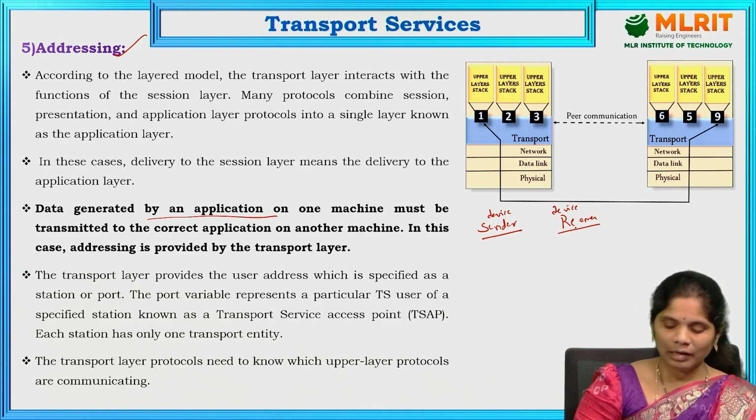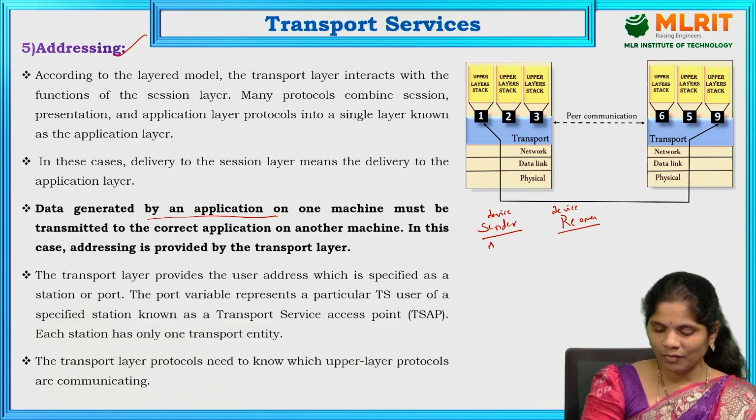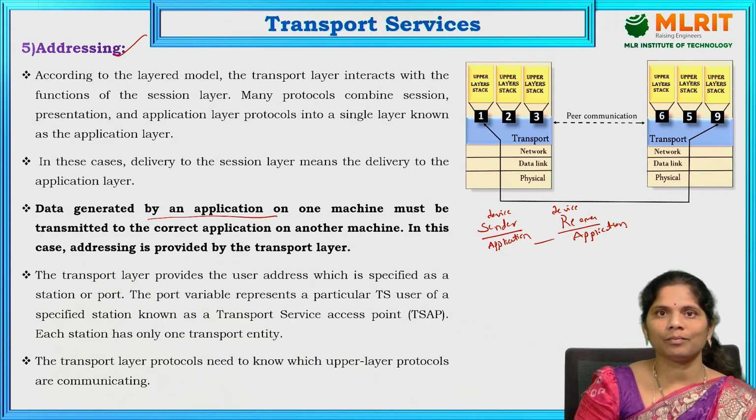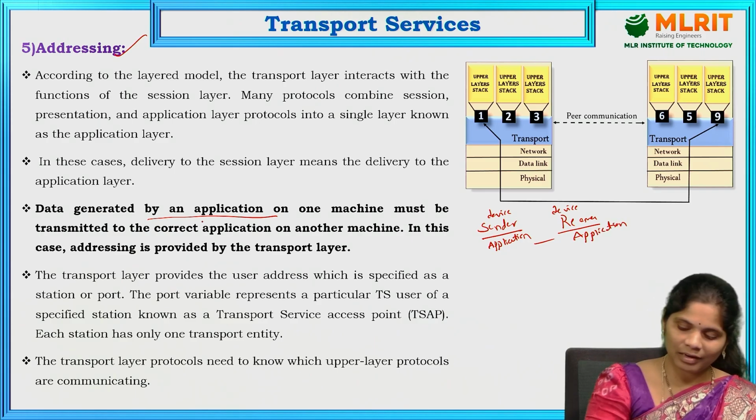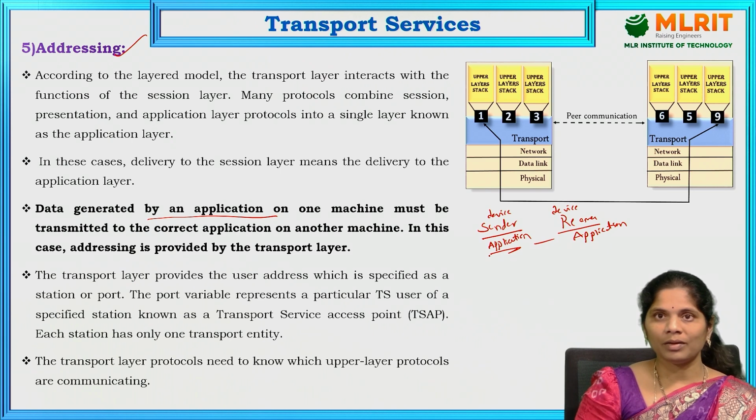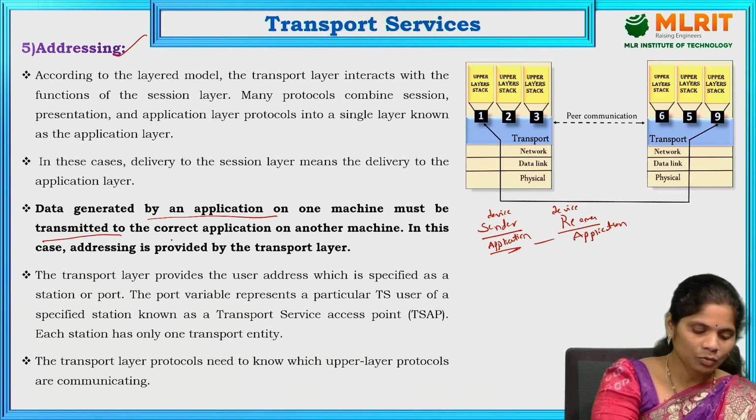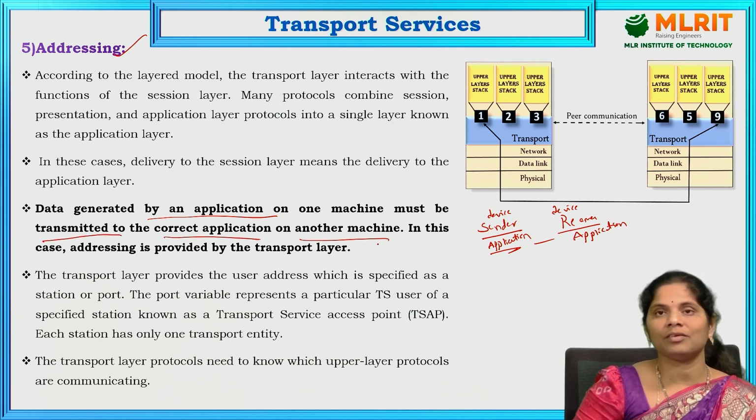When we are sending a message, we have to select the application, and we send the message to the receiver's application end. The data generated by the application on one machine must be transmitted to the correct application on the other machine.